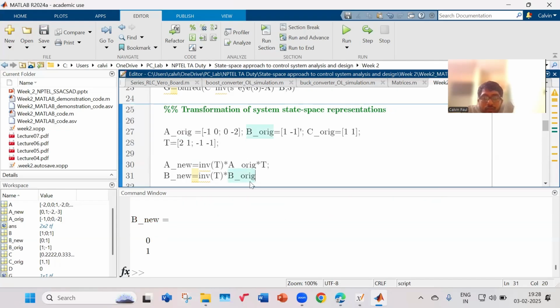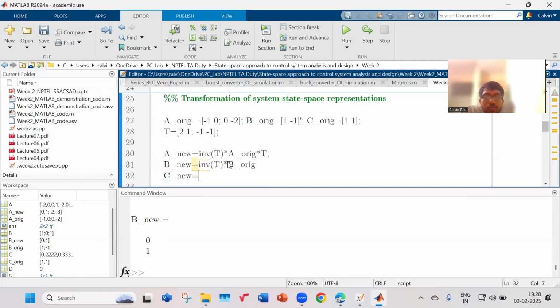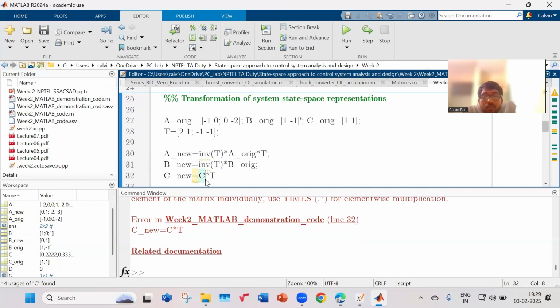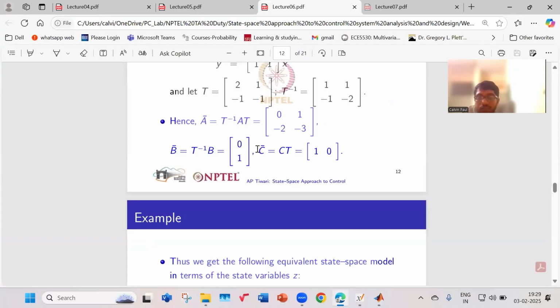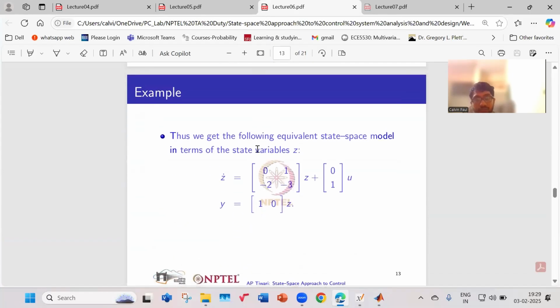That is 0, 1. And C new equals C original into T. So this comes out to be 1 and 0. Okay, so we got the equivalent state space model in terms of the state variable z. It's a very simple code which was used, and I hope you will understand the importance of that and do it.